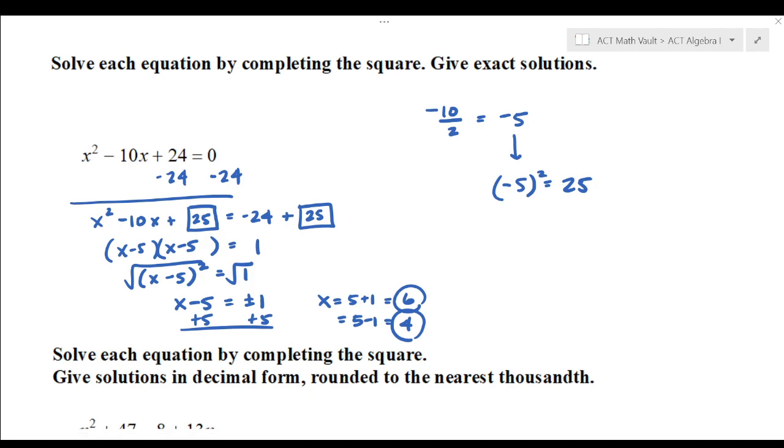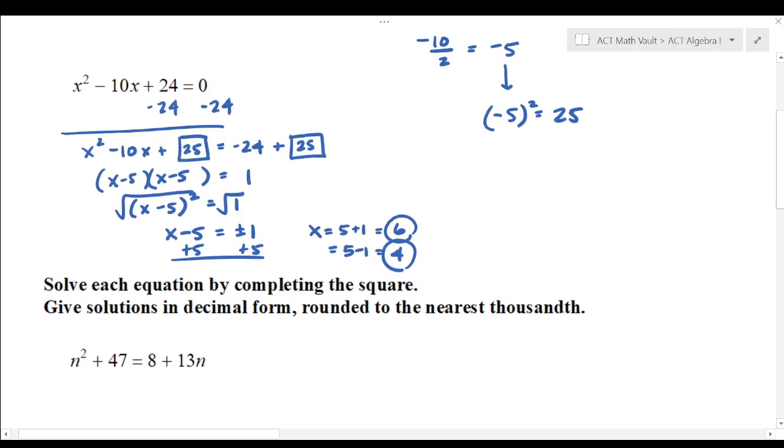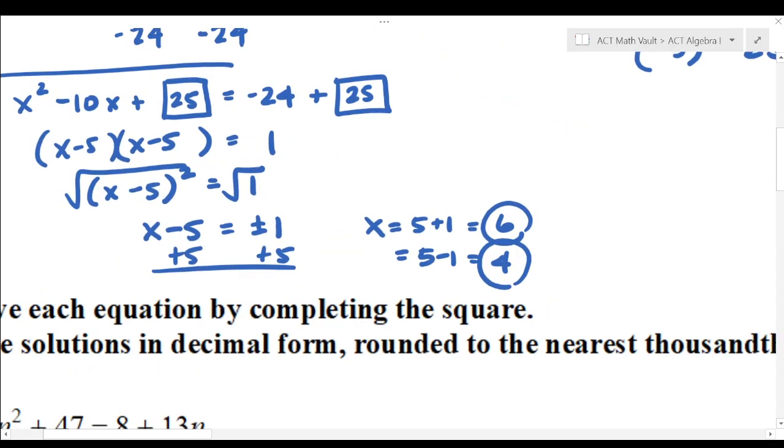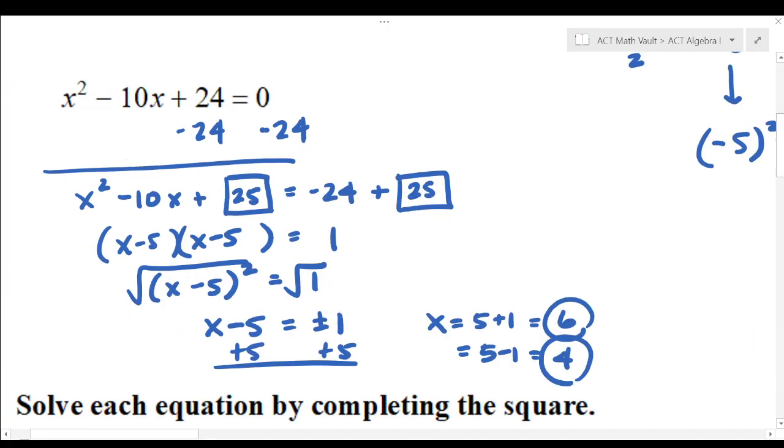But for this, I wanted to give directions to note that you might be asked to do exact or decimal. In our answer here, these numbers are whole numbers, so it didn't really apply, but it could be the case that instead of square root of 1, what if you had square root of 17?